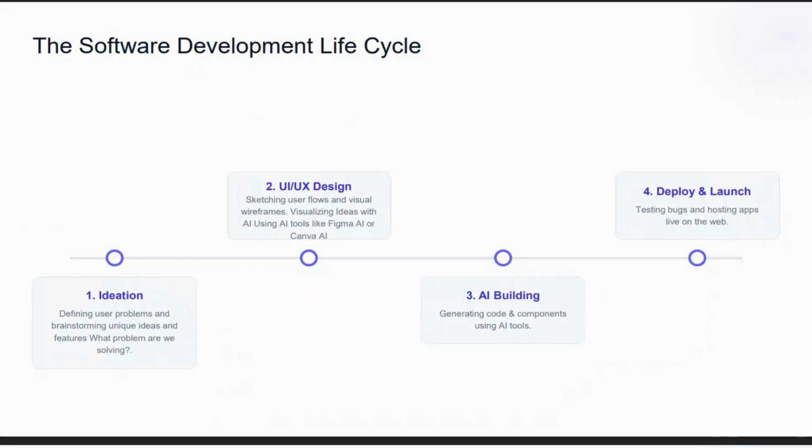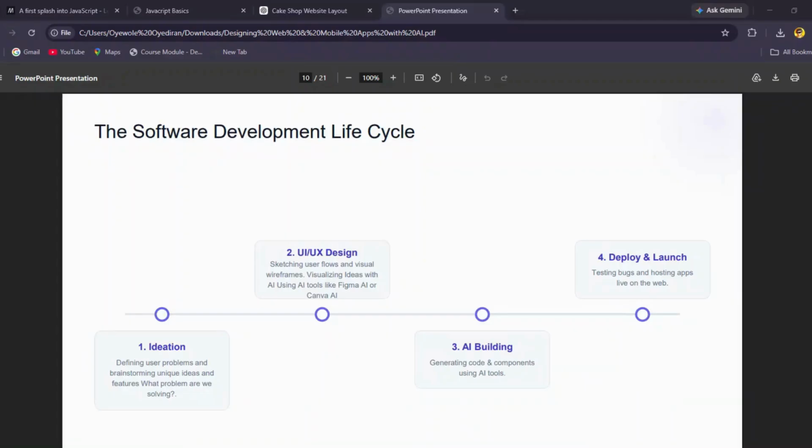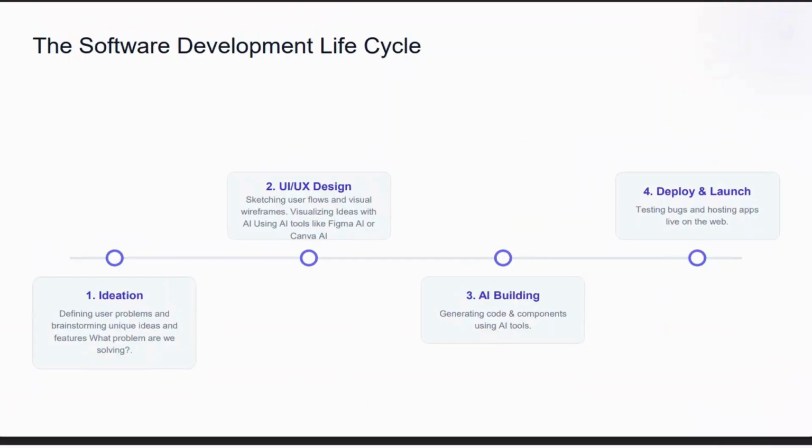So the first thing is the ideation stage. The ideation stage is where you have an idea, and you define the idea or the problem you want to solve. What is the website about? This is the planning stage. You have an idea, for example, I want to build an e-commerce platform, a multi-vendor e-commerce platform. This is the ideation stage.